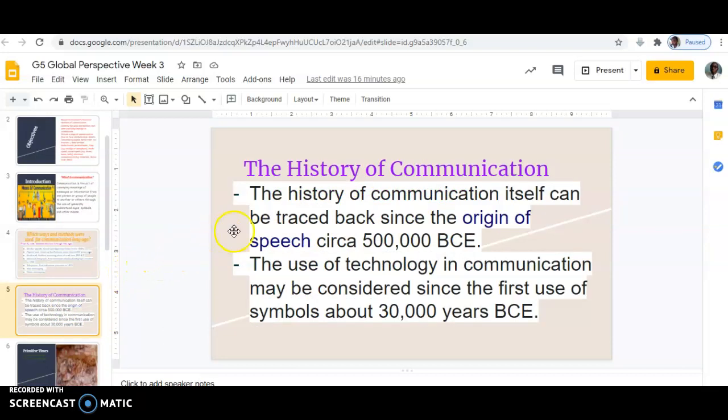Now, let's look at the history of communication. The history of communication itself can be traced back to the origin of speech, circa 500,000 BC. The use of technology in communication may be considered since the first use of symbols about 30,000 years BC.